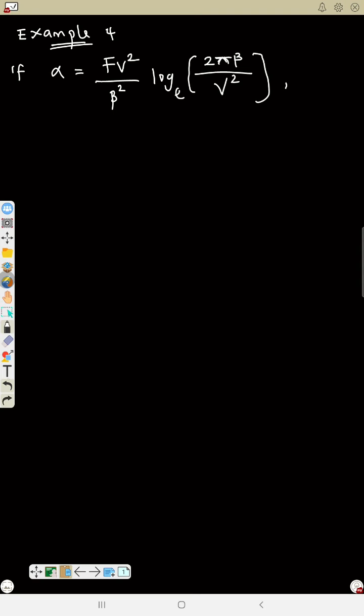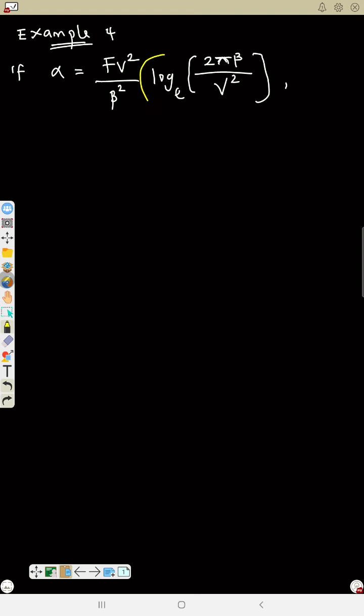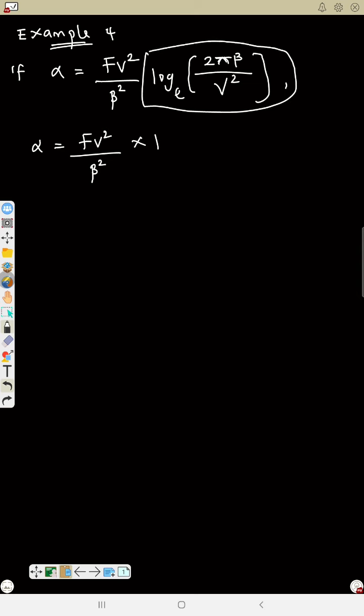That means in this case, if everything here is dimensionless, it would be 1. So I can easily say alpha is equal to fv squared divided by beta squared times 1, because all this is dimensionless.